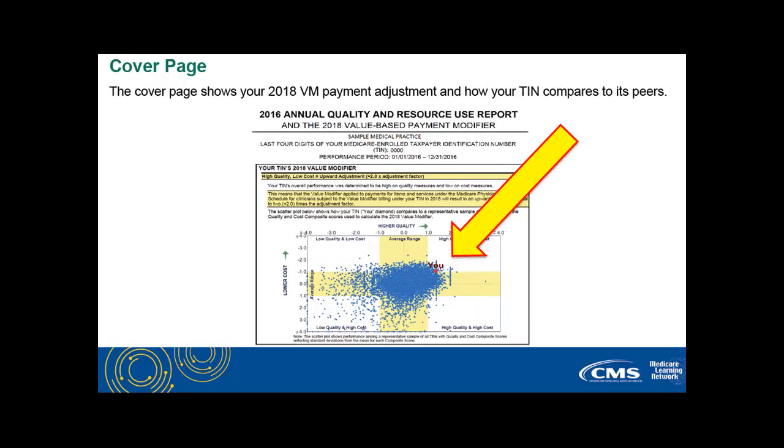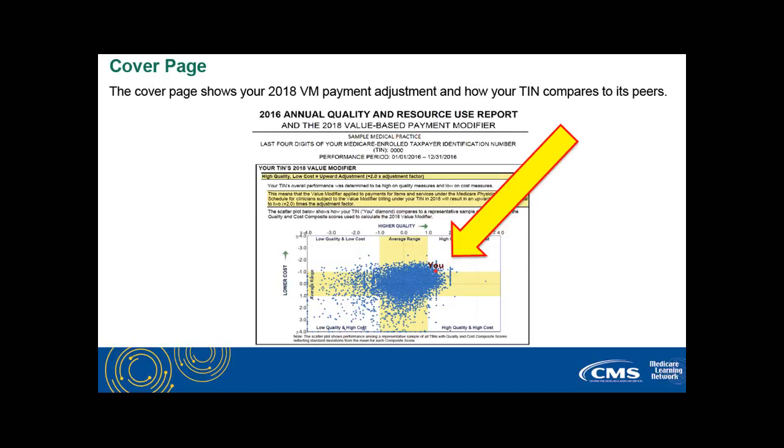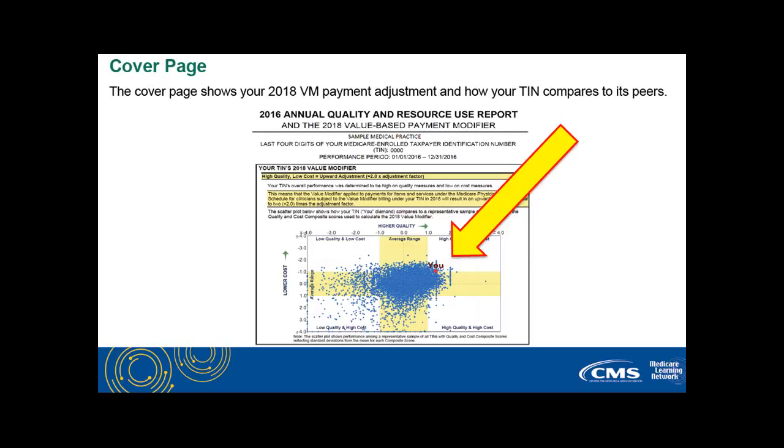And each of the blue dots that you see represented on this slide represent individual tax ID numbers across the U.S. In the example highlighted in red, where it says U, for this particular tax ID number, those who were part of this group were deemed to be, as you can see from the grid, to be of high quality and low cost relative to their peers.